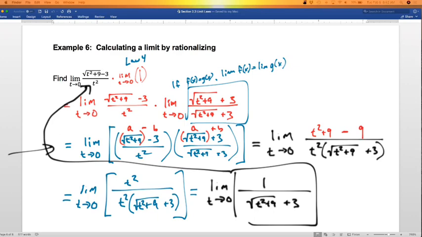And now I have this really weird function, and we have to be careful about using our direct substitution property. First of all, what type of functions does our direct substitution property apply to?